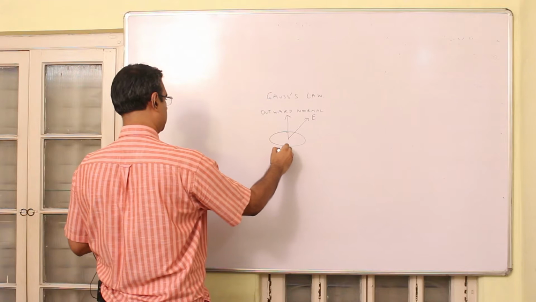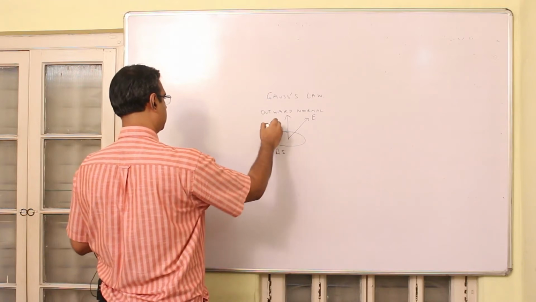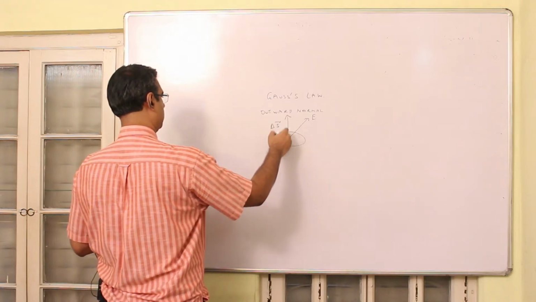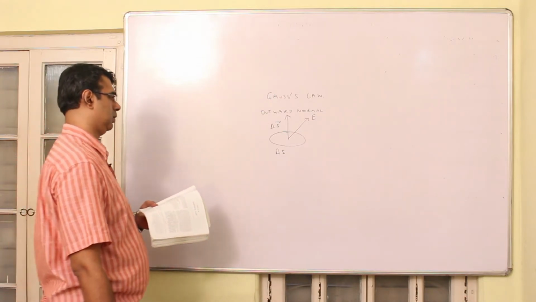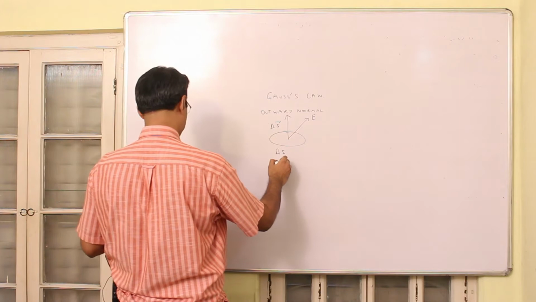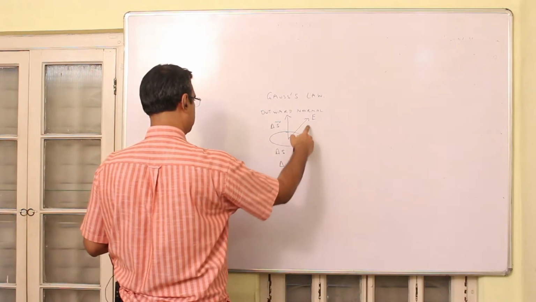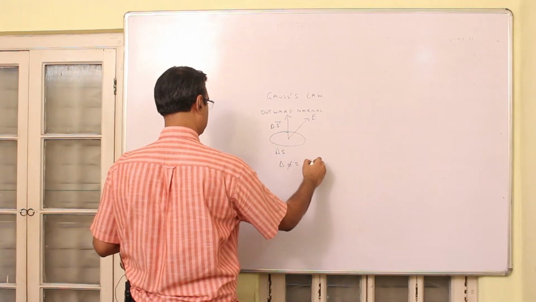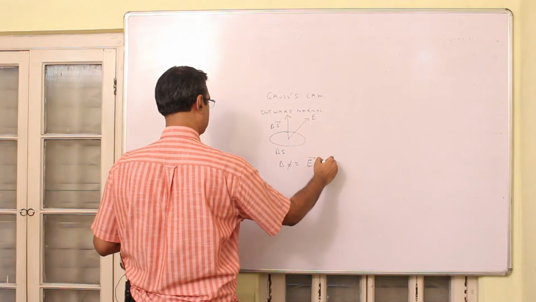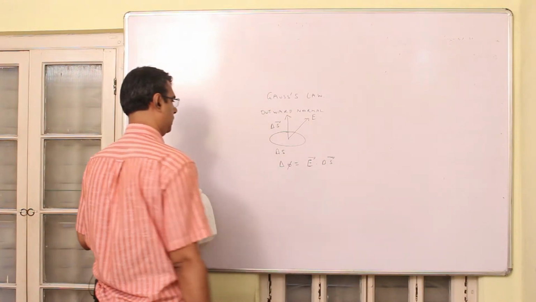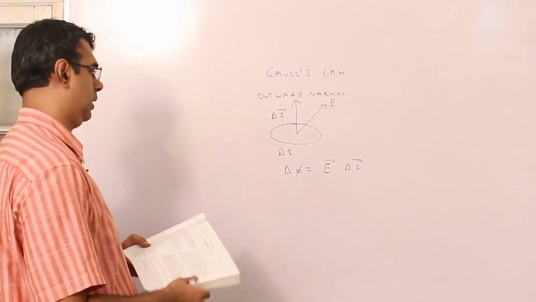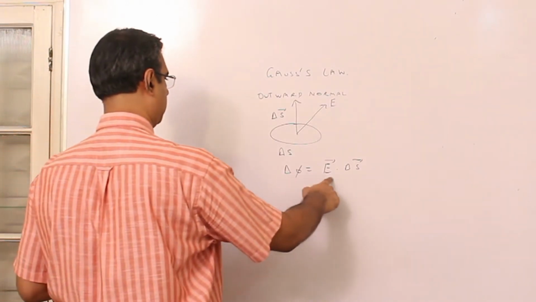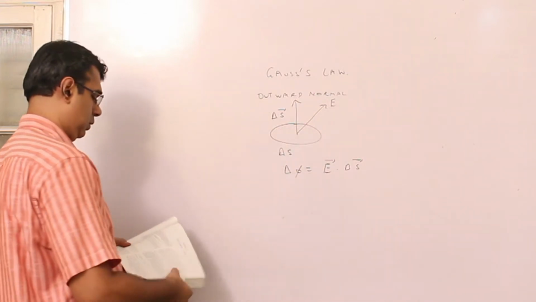So suppose this surface area is delta S. So the direction of the area vector is given by the outward normal to the surface. So the flux due to this field through this area is defined as delta phi equal to E dot delta S. So this is the definition of the flux of this field through this area.